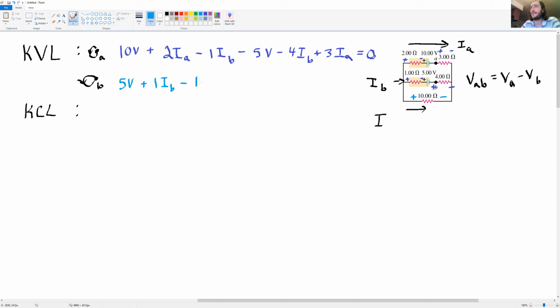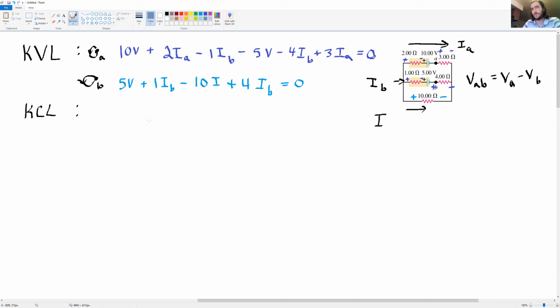So that would be minus 10 times I. And then we will again reach this 4 ohm resistor in the middle, and it will be a voltage gain as we return to the point B. So plus 4 times IB. And then this should be equal to 0 because we've returned to our starting location, point B.